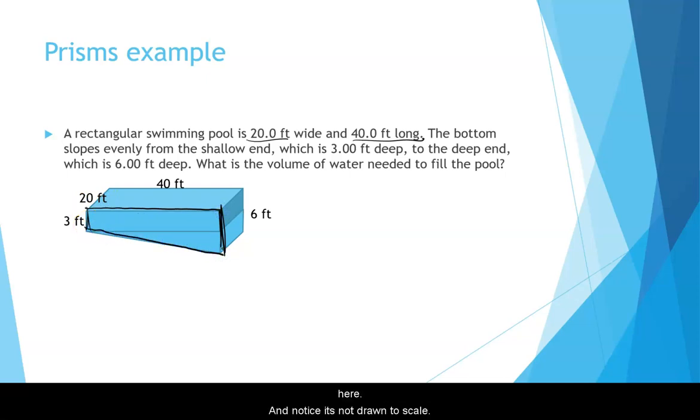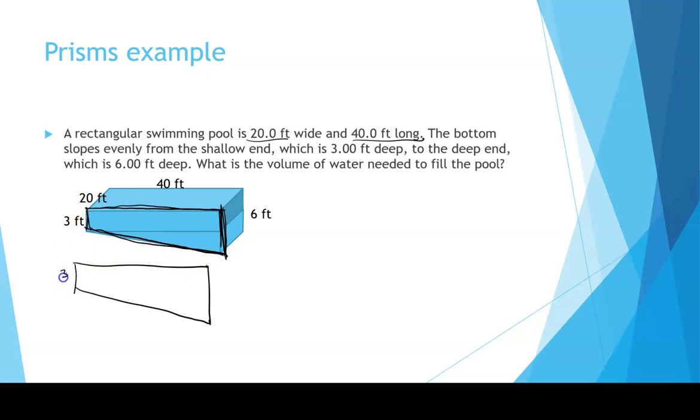And notice it's not drawn to scale. I see that I have a shape of a trapezoid. So this trapezoid has 3 for one base, 6 for another, and then this height between the two, because those are right angles, the height is 40 feet.